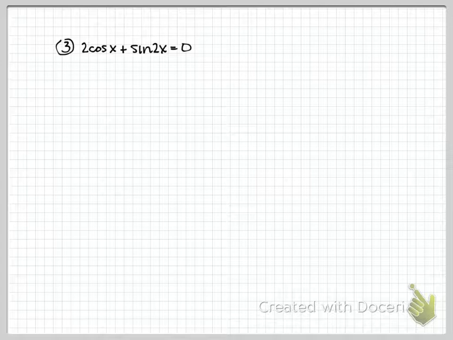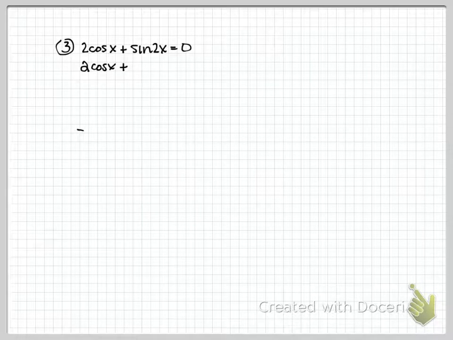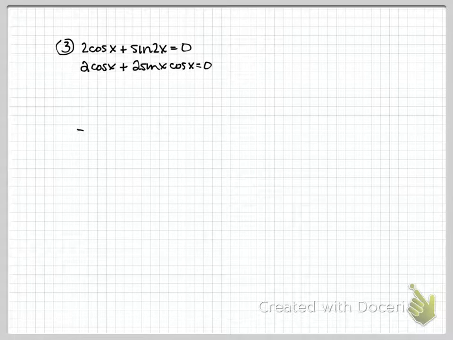It's easy for sine of 2x, because we only have one option. If it was cosine, we'd have to look to see what we have. If we have a cosine in our other part of our equation, we probably want to use the one that has cosine. But for this one, it's 2 cosine of x plus 2 sine x cosine x equals 0. I just did a straight substitution.